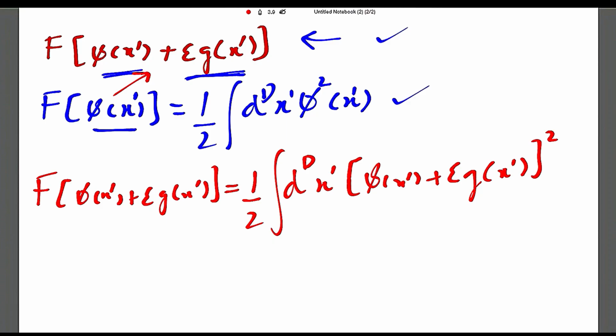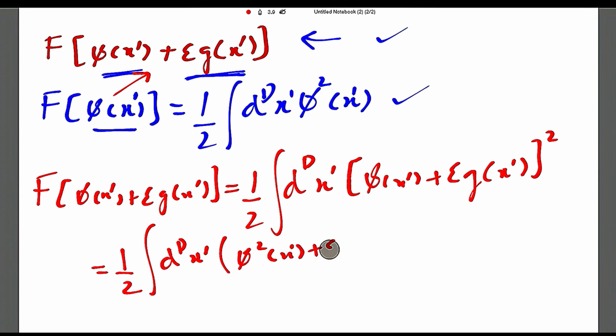Now, one more thing that we can do here is that we can just open up the square and write it in a simplified form, and then we can perform the other things. So it's a whole square, so phi square of x prime plus e square g square of x prime. I hope you know how to calculate the whole square thing. It's square of this quantity, then square of this quantity, plus 2 times the multiplication.